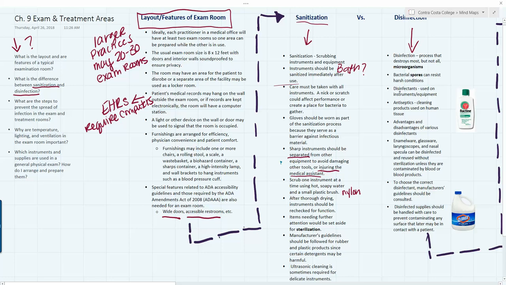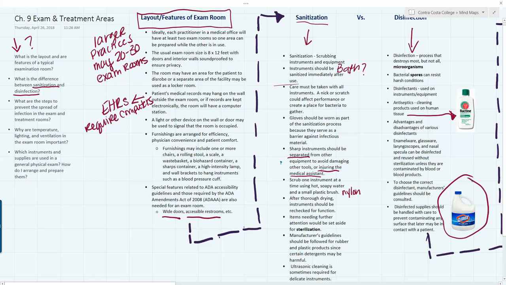Disinfectants are used on instruments and equipment. And antiseptics are different because they are cleaning products that are used on human tissue. So one of the common antiseptics that's used is called Bactine, and we use that to clean up wounds or to clean up scrapes or abrasions on people. And one of the common disinfectants that we use in the medical office is bleach.